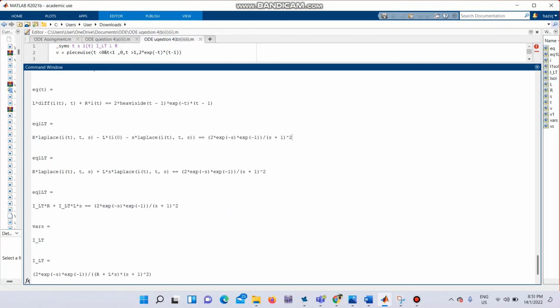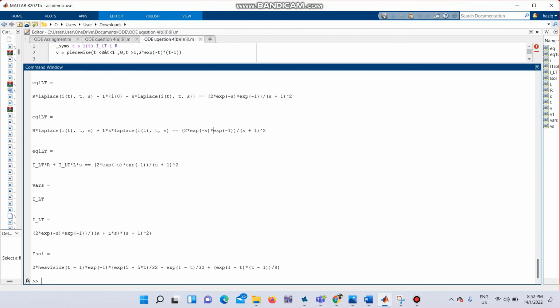The next is equation 1 LT, R multiply laplace I(t), t, s plus L multiply s multiply laplace I(t), t, s equal to 2 multiply exponent negative s multiply exponent negative 1 over s plus 1 power of 2.